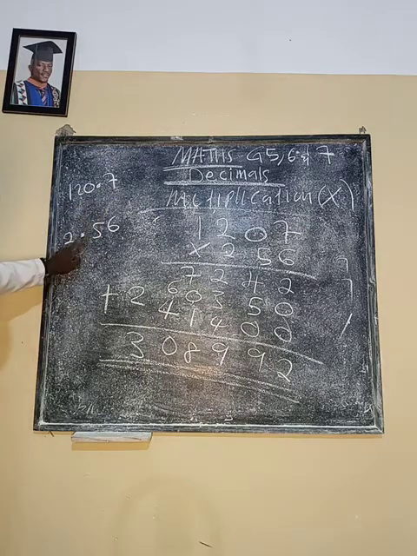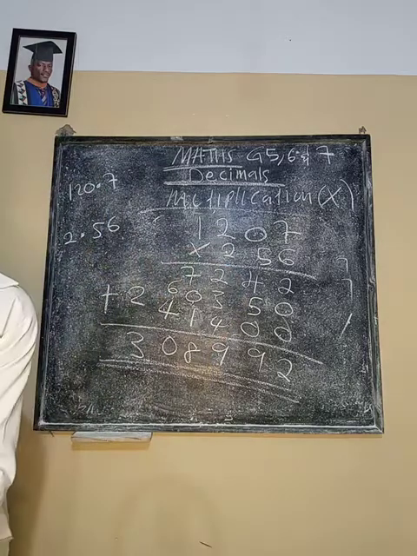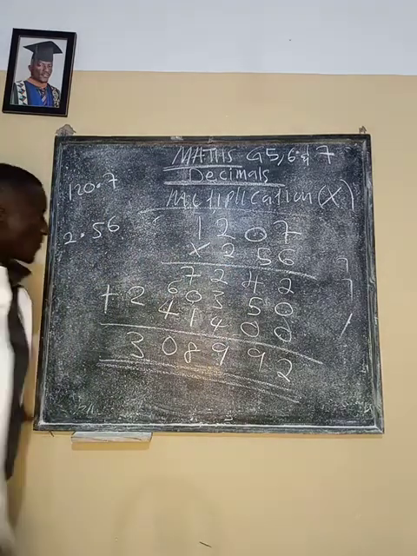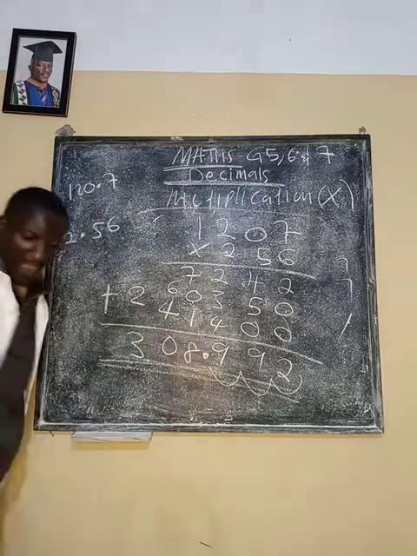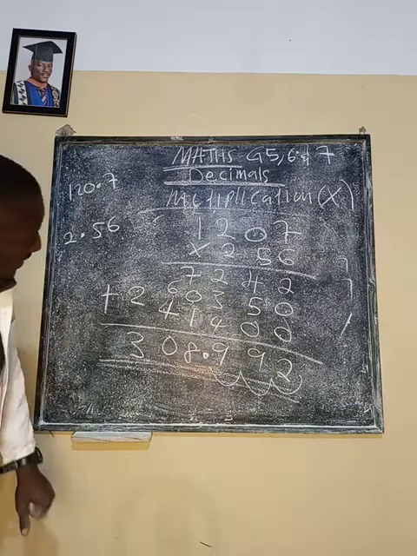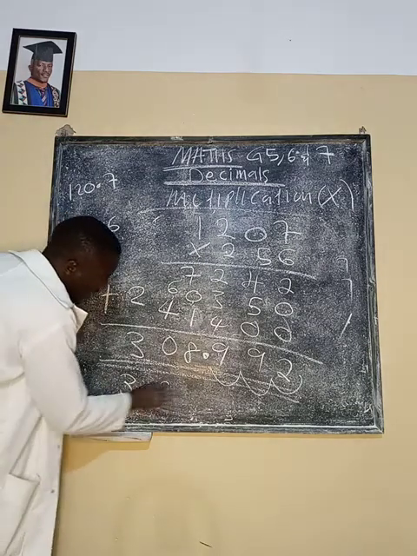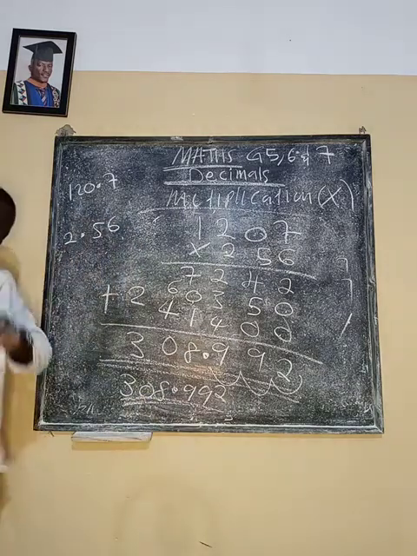Here there is 1, here there are 2. Together they are how many? 3. So if there are 3, you shift the point from here. 1, 2, 3. So it becomes 308.992. Your final answer is 308.992.